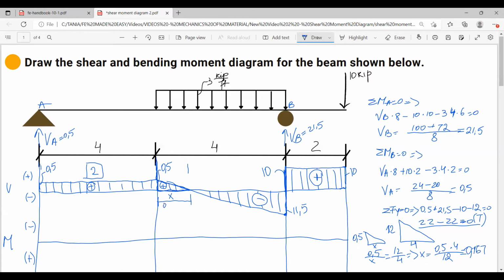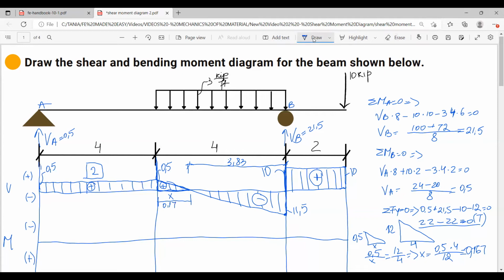So x is 0.167, that means that this side is 3.83. We can also just make it easier and write 0.17 and 3.83. That's better.